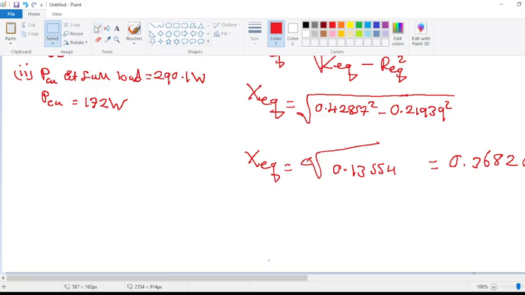So now after calculating the reactance, resistance, and the impedance, we are going to have to calculate this angle.